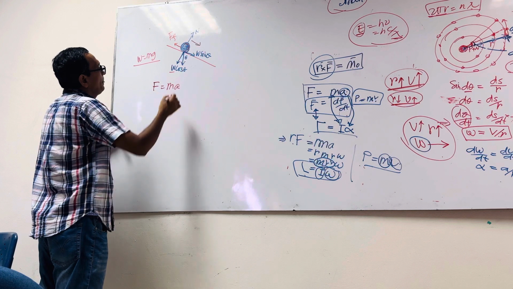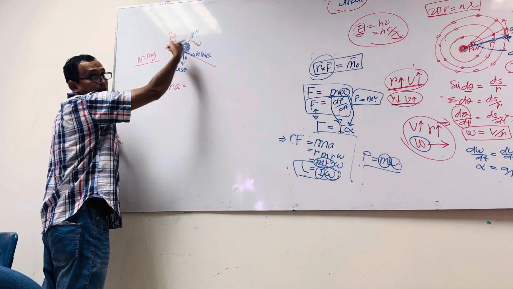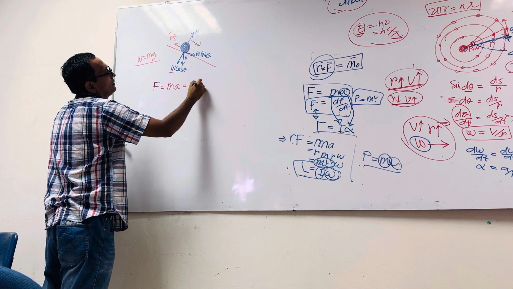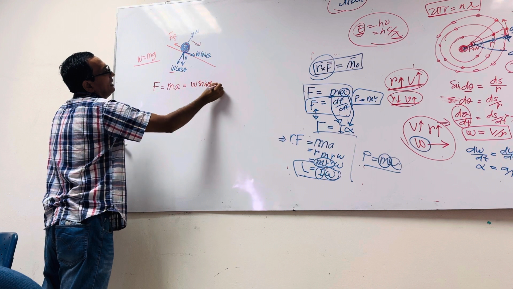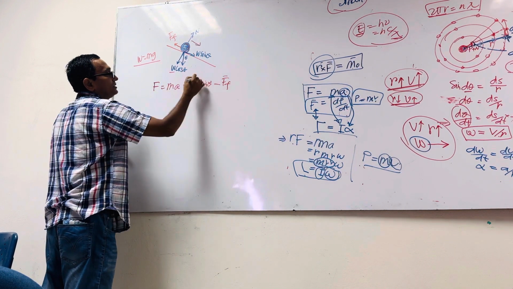So ma should be balanced with what? This is the weight versus slide. That is the W sin theta, and that is the frictional force, that is the relationship between them.